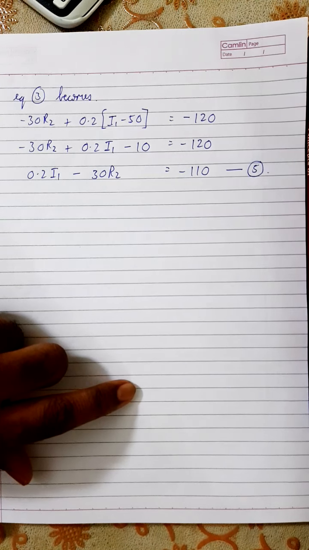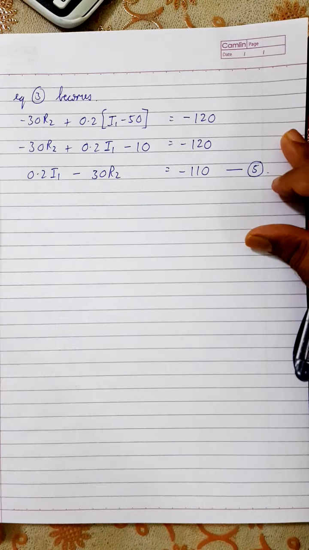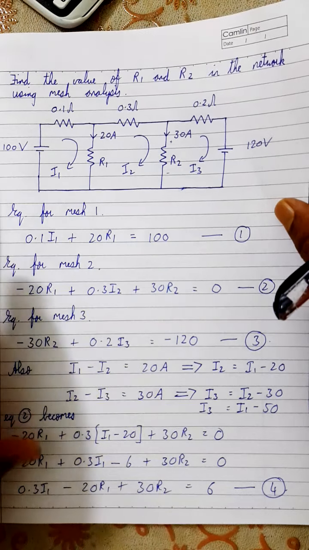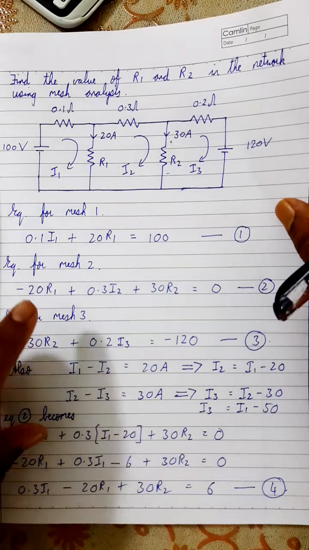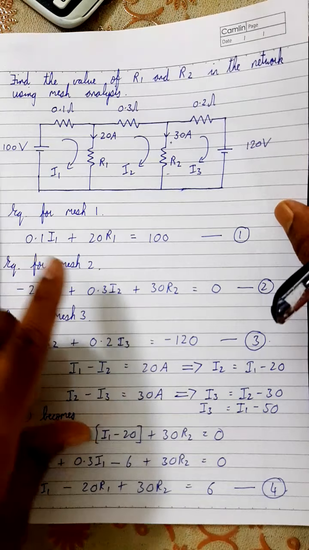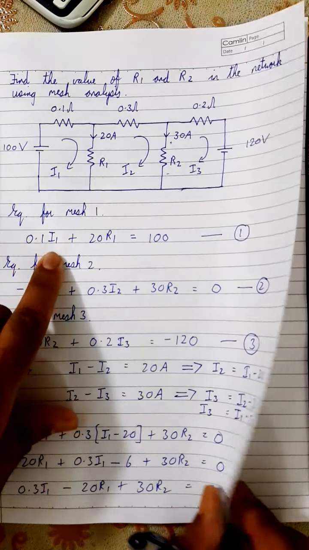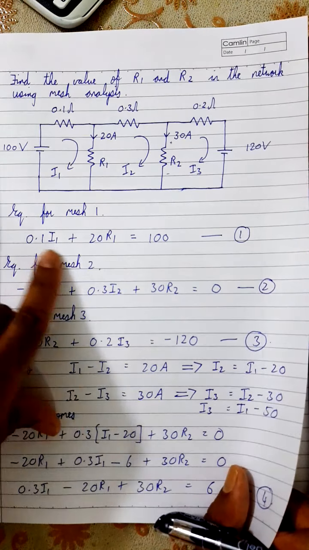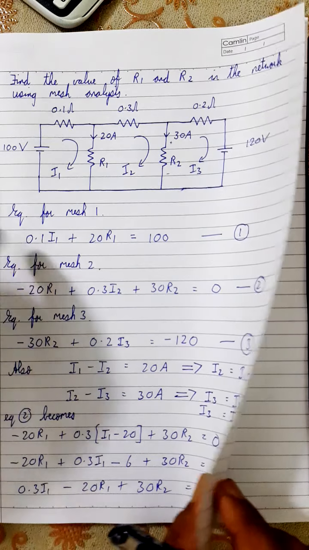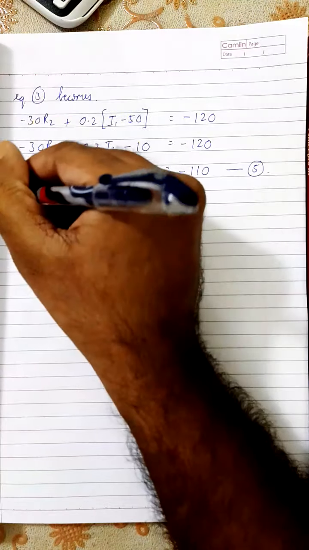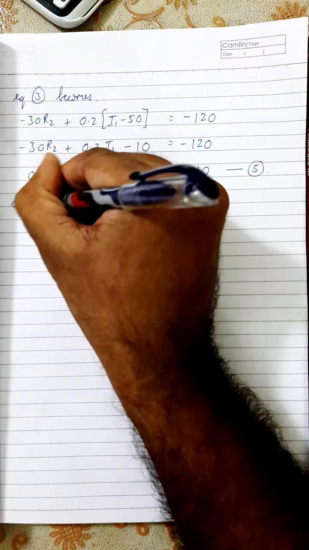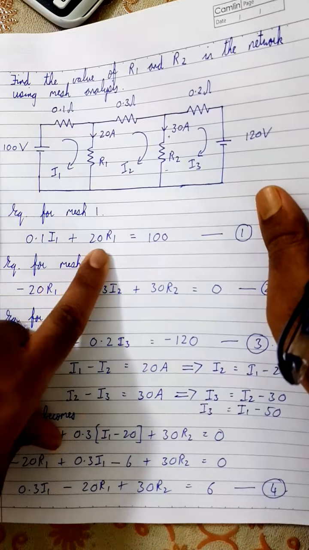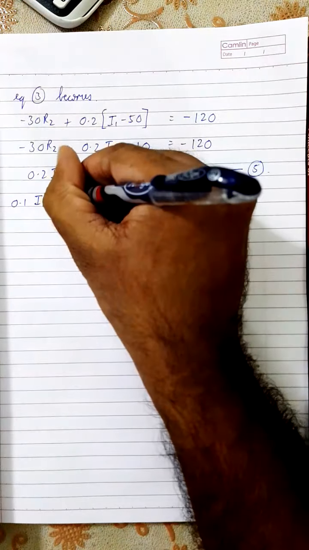So what are the equations I'm going to use to find R1 and R2? Just like your normal mesh analysis, instead of I1, I2 and I3, it's going to be I1, R1 and R2. Let me write those equations again so you will be able to understand. The first equation I got is 0 I1 plus 20 R1 is equal to 100.